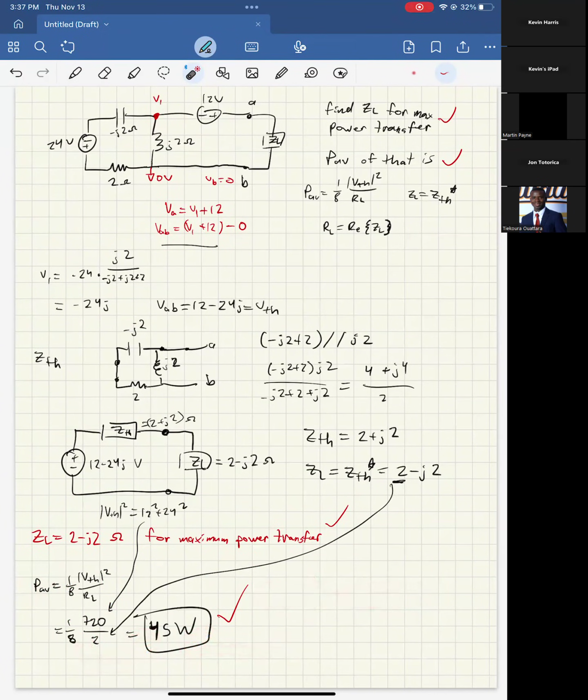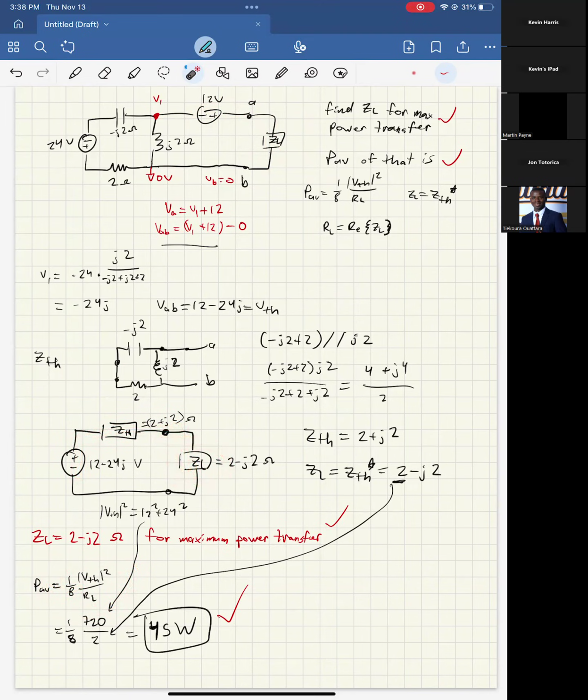I wanted to say that because people will just try to use this equation and then accidentally plug in ZL here, and then it's wrong because you get an imaginary number. So basically, this is the expression I end up getting here.